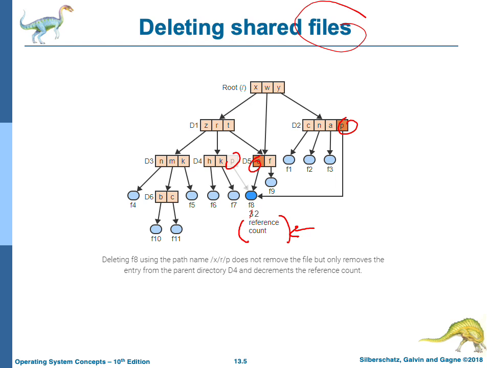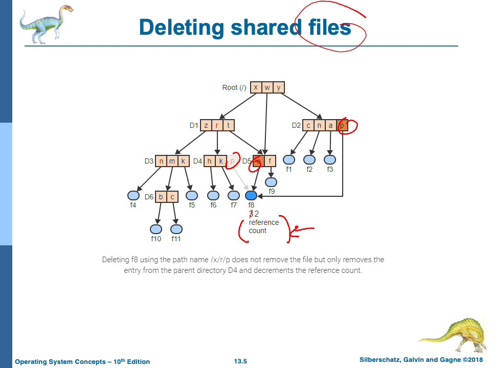And so when one of these parents calls the delete operation on the file F8, then the file itself is not going to be deleted, but what's going to happen is a decrease of the reference count.